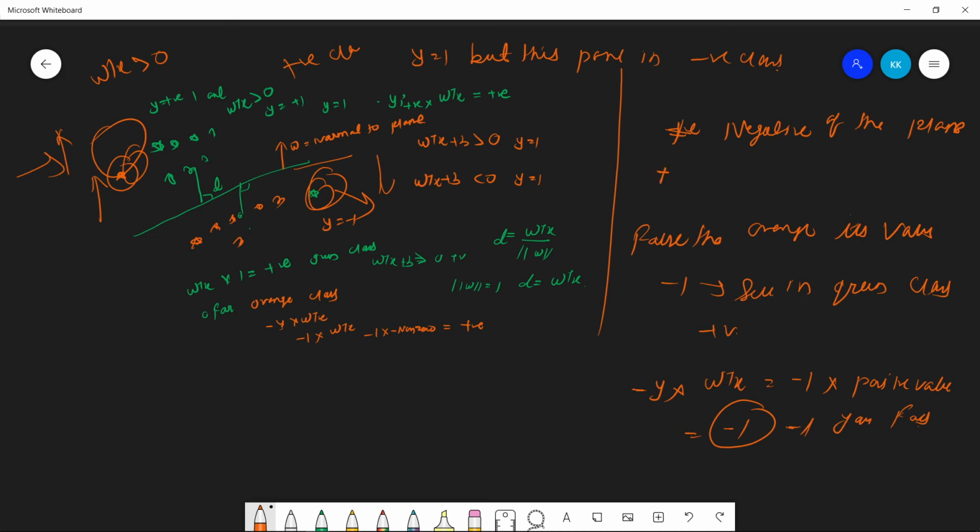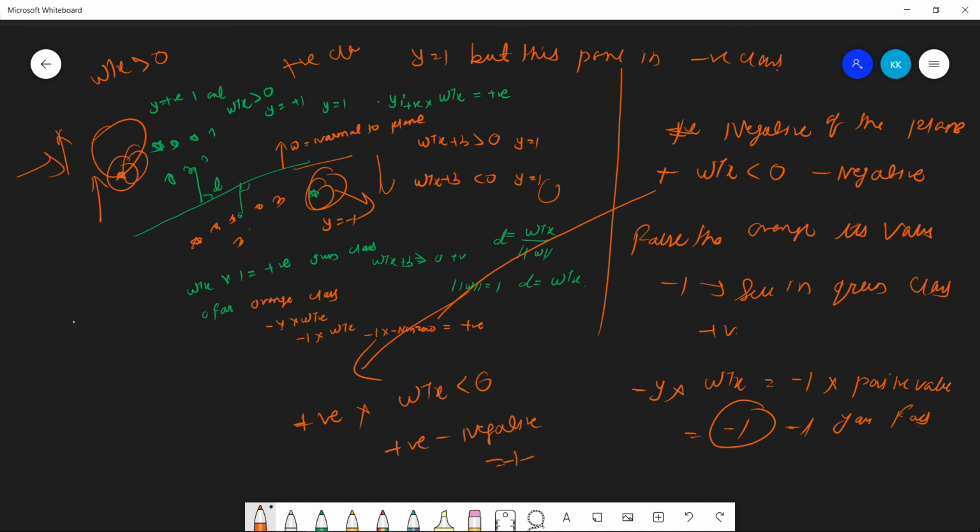For this side, the value of omega transpose x is going to be less than 0, which is negative. So if I perform this operation, my positive point into omega transpose x, which is less than 0, so positive into negative, the answer is going to be negative.